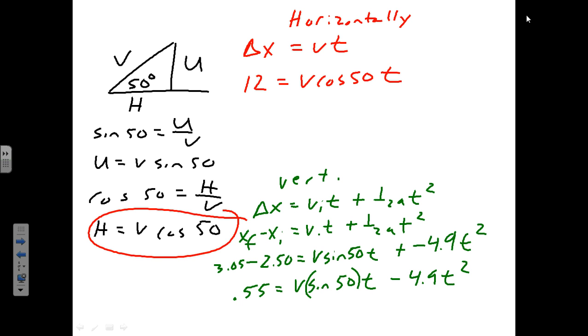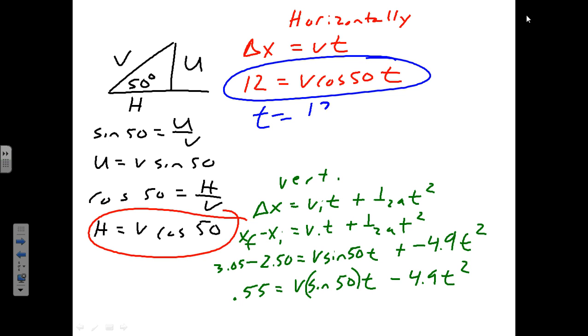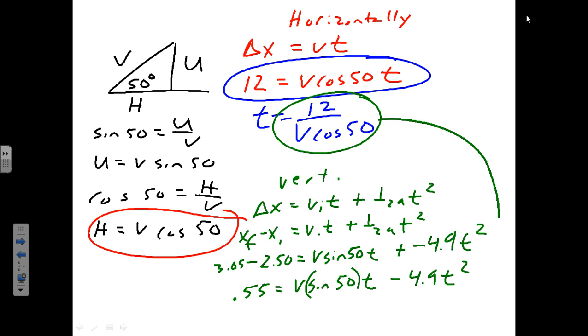Now we need to do some substituting. What we're going to have to do is solve one of the equations for a variable and substitute it in the other. The easiest way to do that is to take this top equation, the horizontal equation, and solve it for t. So you should be able to see that t equals 12 over v cosine 50. We're going to take this and substitute it in for t here and for t there. So let's see what we get.